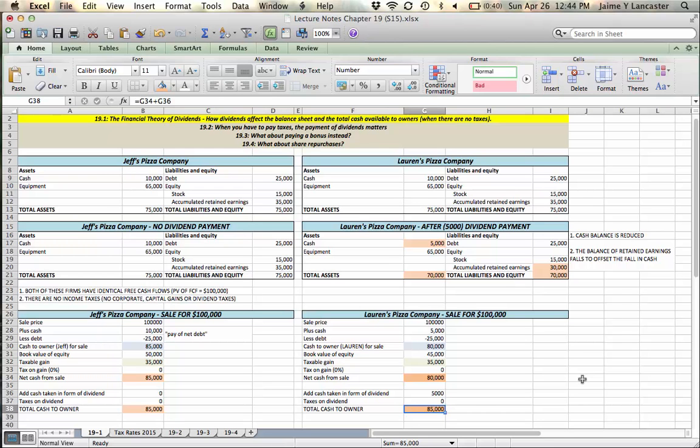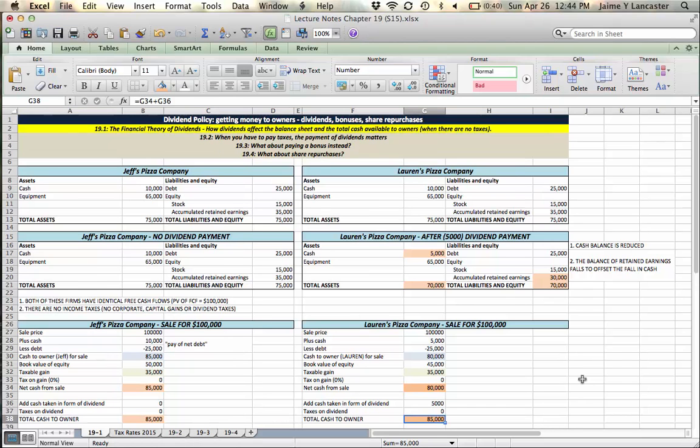In the absence of taxes, it's basically irrelevant. And this is part of a theory that's called the dividend irrelevance theory, which we won't get into too much, but it's just an idea to think of. If you have no taxes, these dividends are going to be irrelevant for how much money you can pull out of the firm.